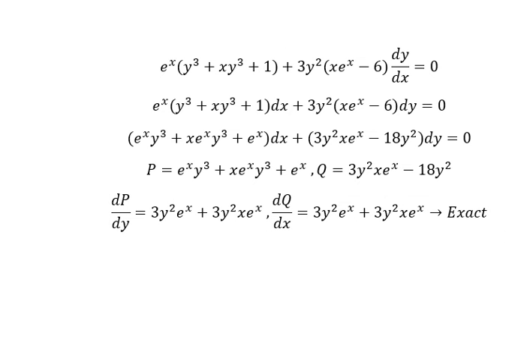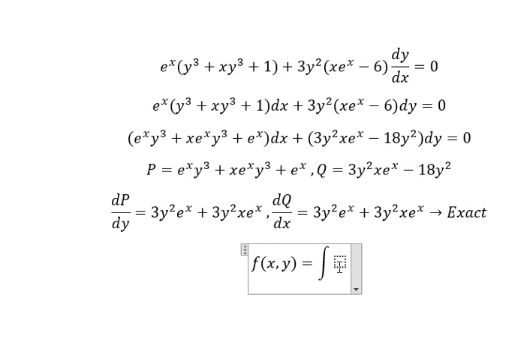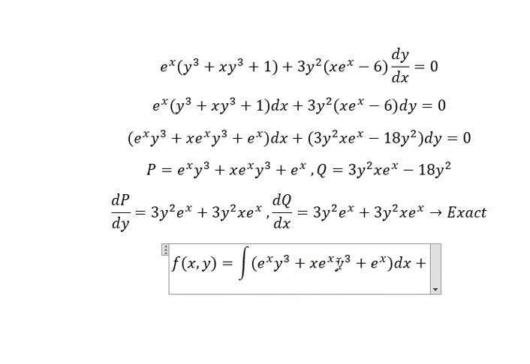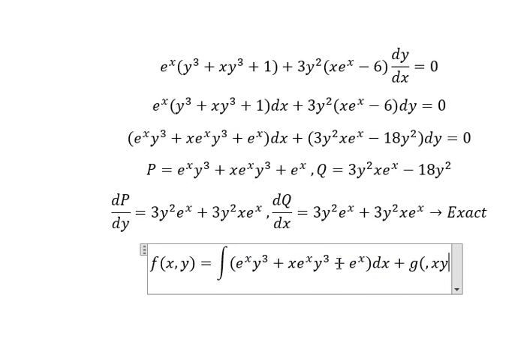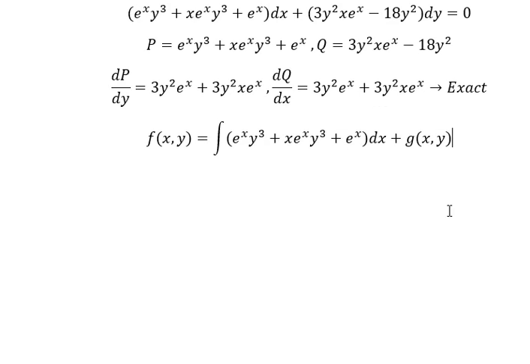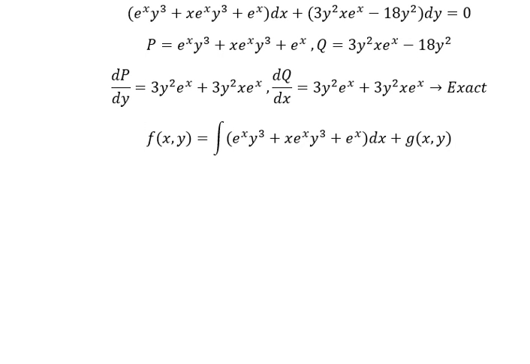Now we need to set up about the function f(x,y). So f(x,y) equals to the integration. So I will choose about this one plus 3xy. So the integration of e to the power of s, we keep the same.